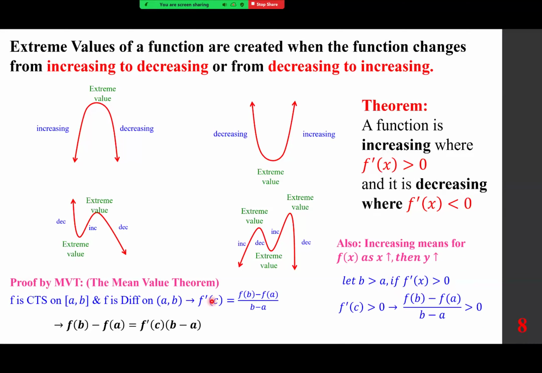And if f prime of c is positive, that means this fraction, f of b minus f of a over b minus a, must be positive. Now, if this fraction is positive and b is larger than a, the denominator is positive. So the numerator must be positive also. So if b is larger than a, f of b must be larger than f of a, which is the precise definition of an increasing function.